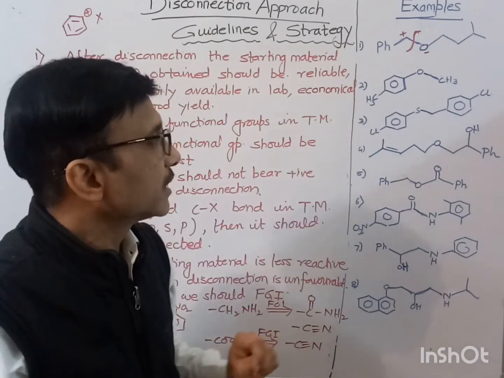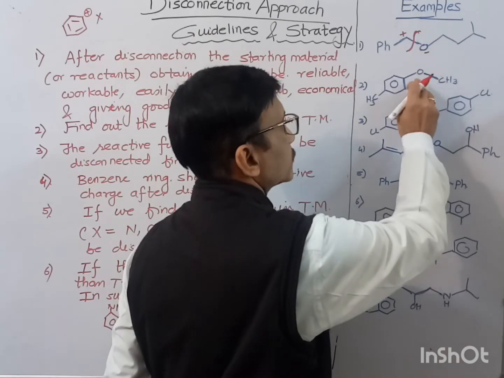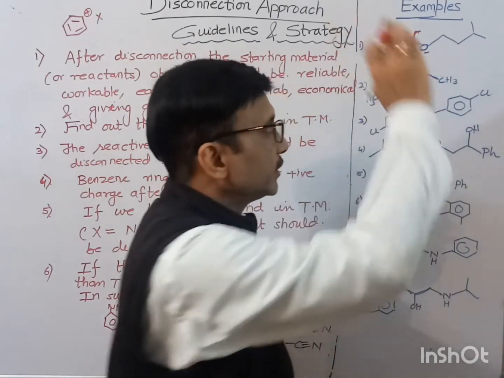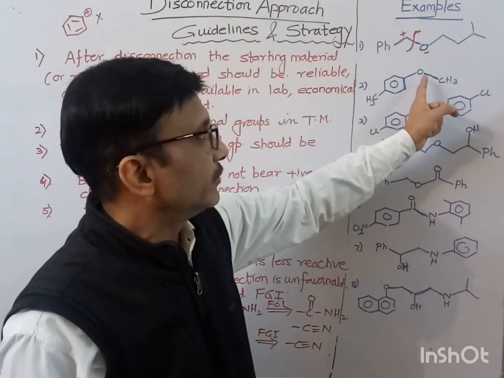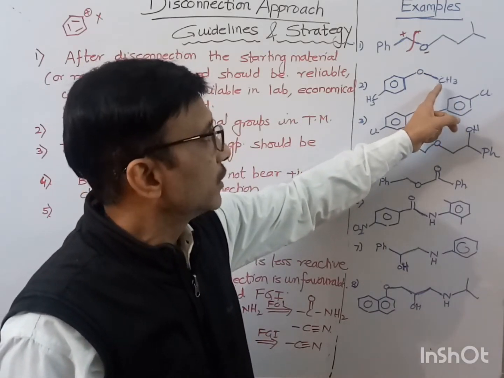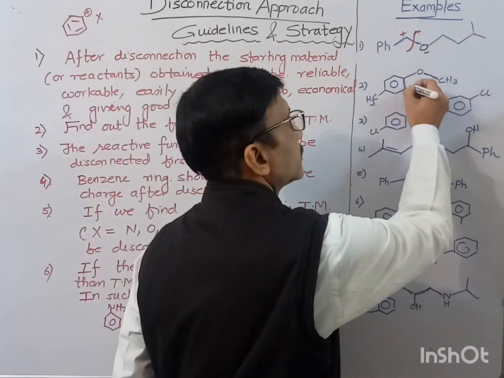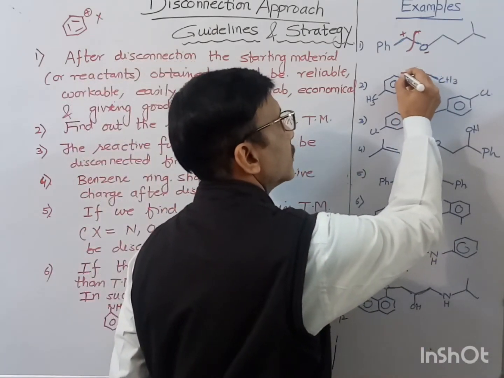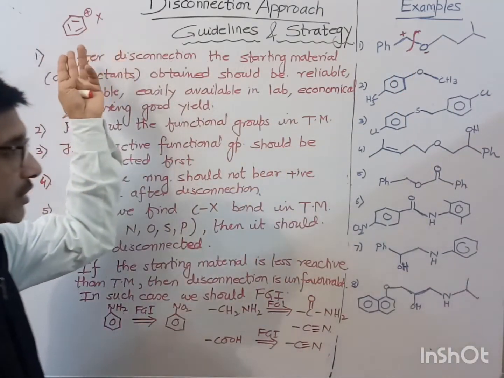Now if you see this example, suppose I disconnect it from here. The functional group present is ether. We should see for the CX bond also. This is the CO bond, this is also a CO bond. Now if you disconnect it from here, then the positive charge will come over this benzene ring, and I told you that's not a stable one.